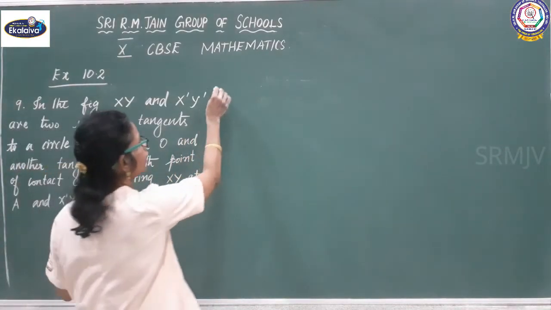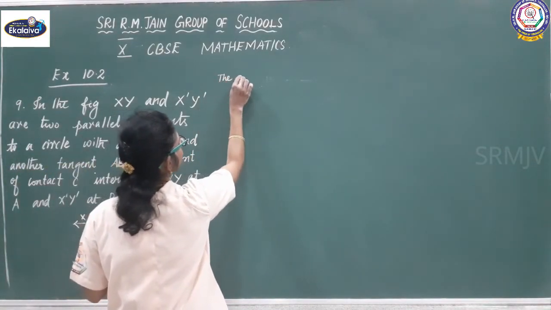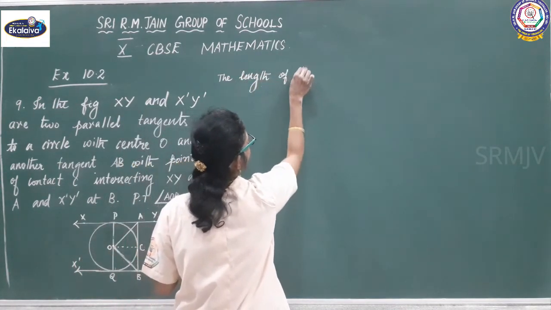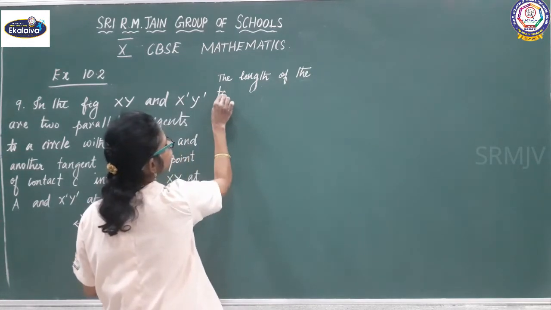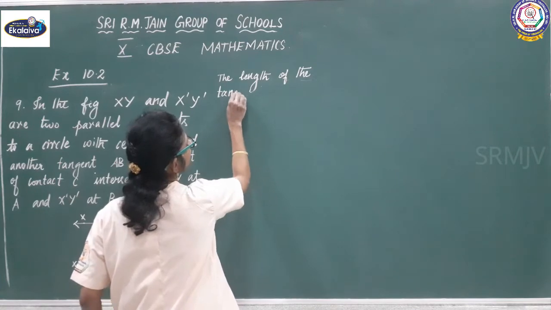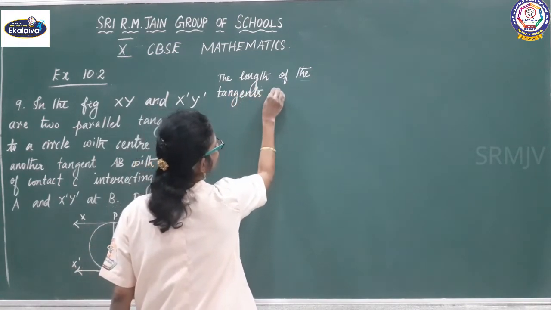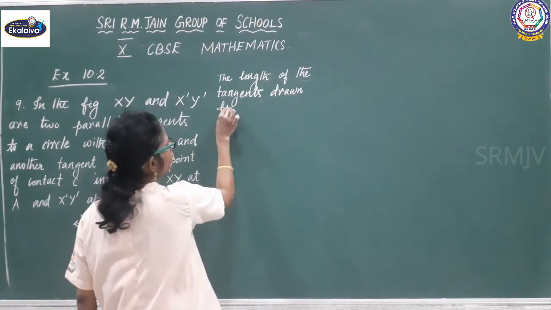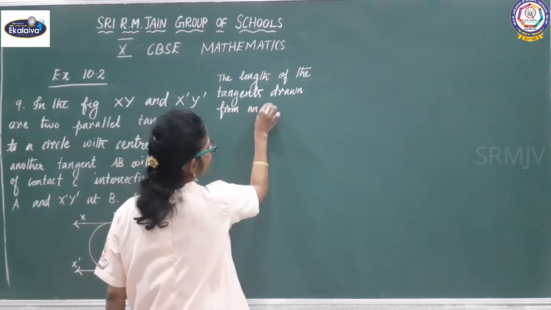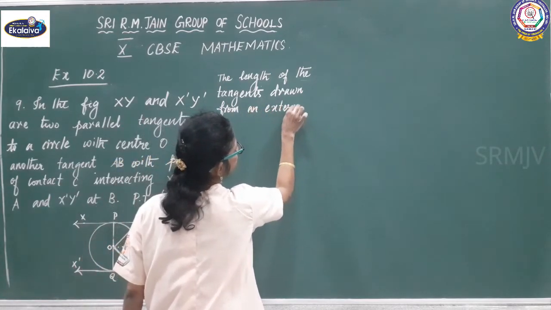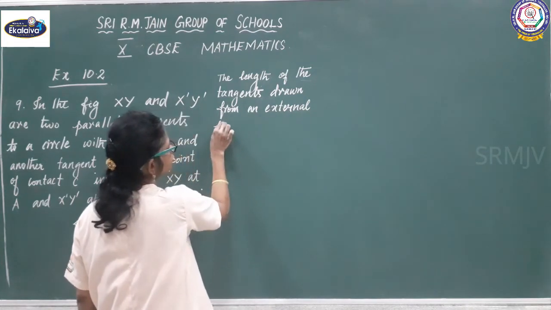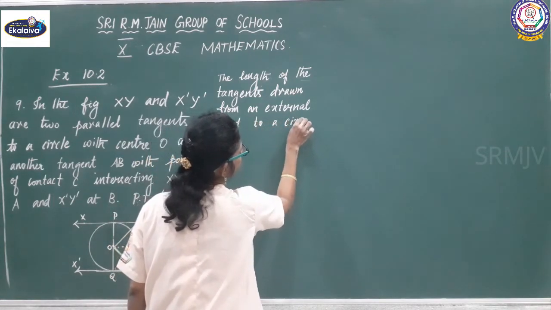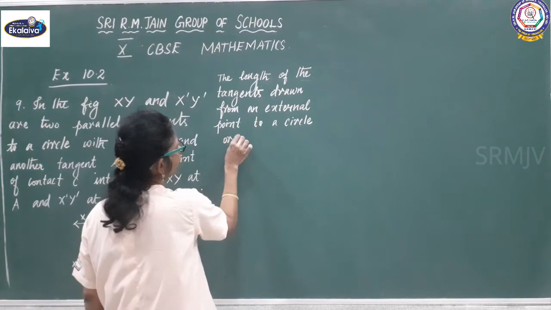What is the theorem we learned? The length of the tangents drawn from an external point to a circle are equal.